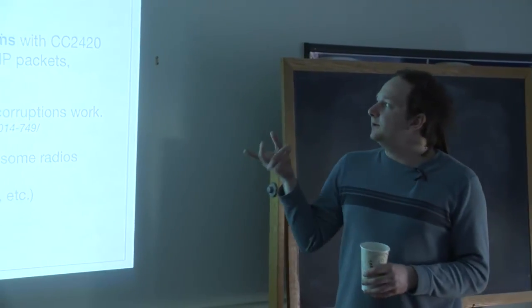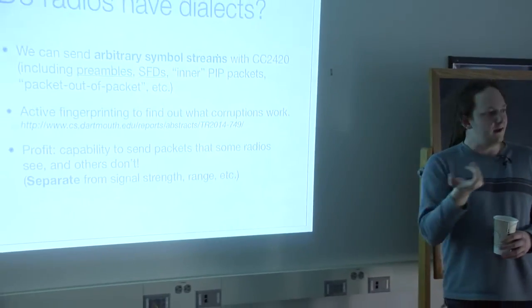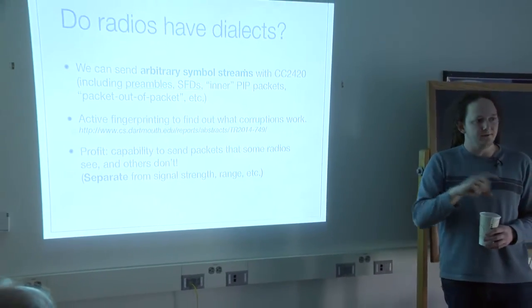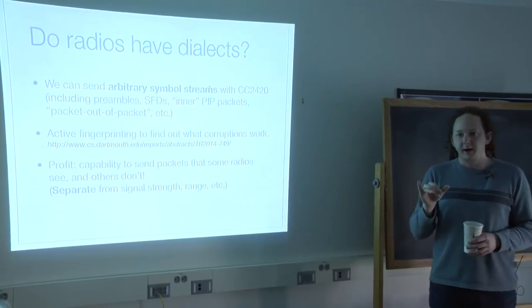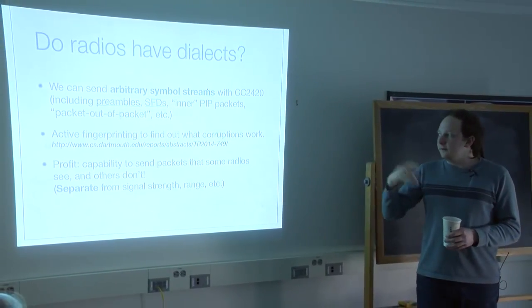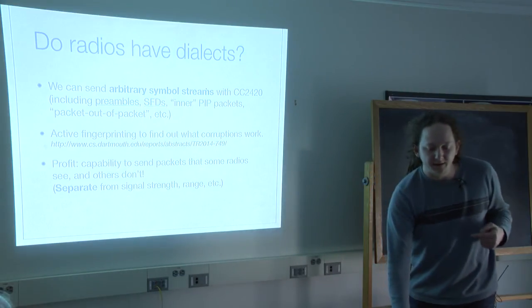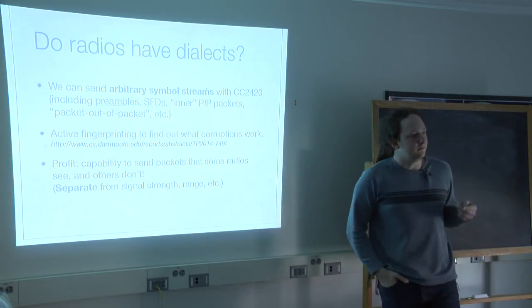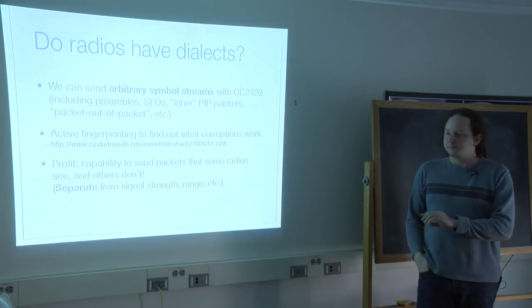So as we hinted at before, these radios have dialects in that they have different tolerances for deviations from the standard. And by misrepresenting that standard, you can send a shorter packet, or one that will only be received by certain devices. So to figure out what these dialects were and how to abuse them, we used the packet-in-packet trick.